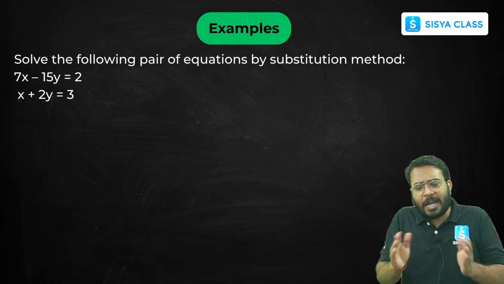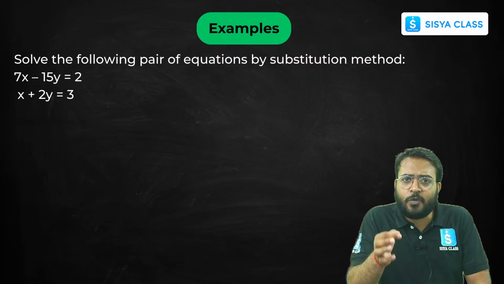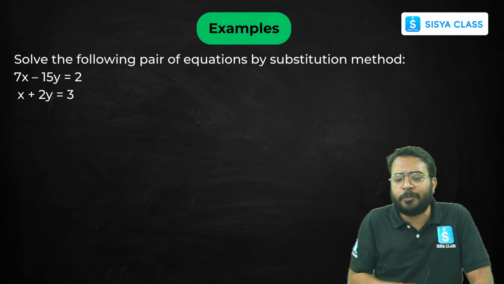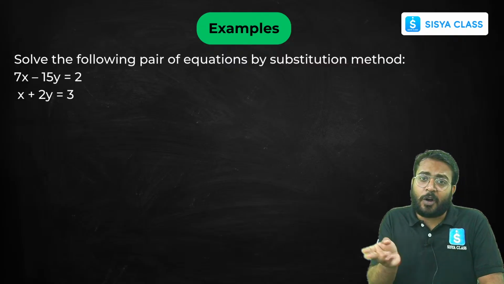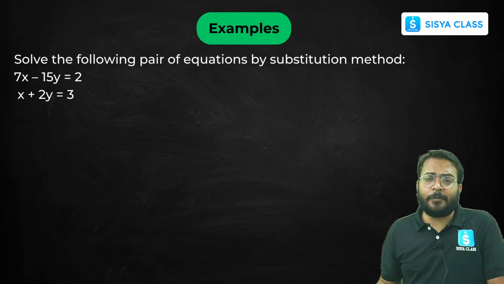But if they mention a particular method, that find the values of the variables by this method, then you need to follow the same method itself. Understood my point? So keep this in mind.